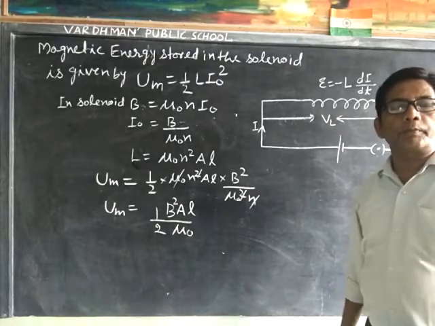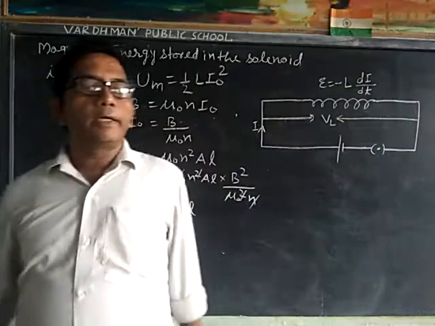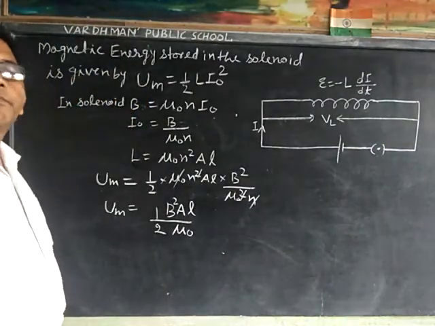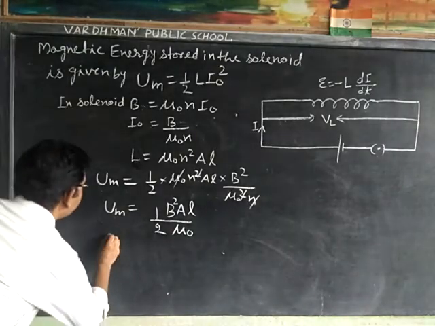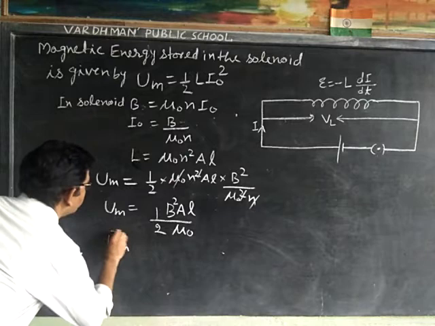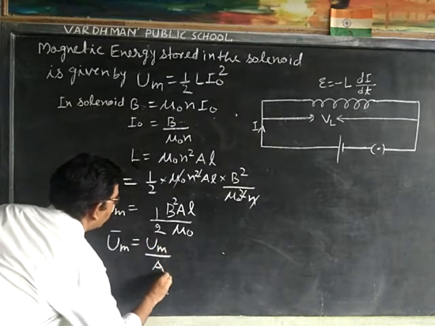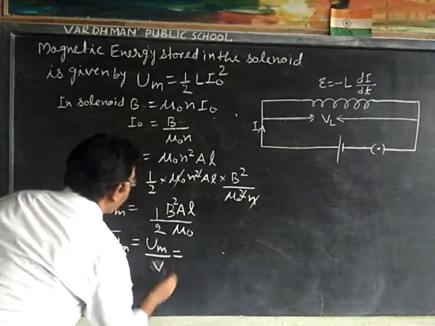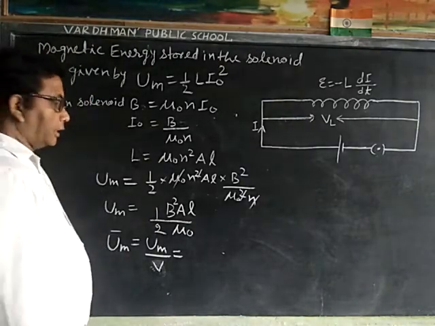Magnetic energy per unit volume is called magnetic energy density, that is Um bar is equal to energy upon volume.